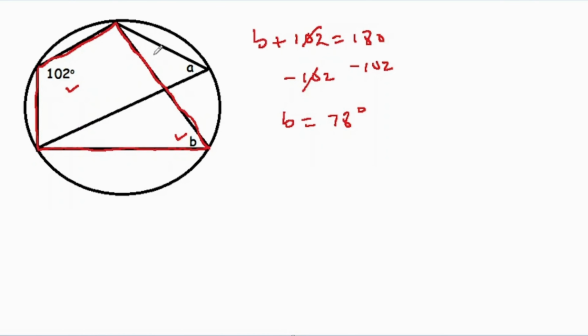So we can use another theorem here, and the theorem states that angles in the same segment subtended by the same arc are the same. So if you look at this arc, follow my blue ink.